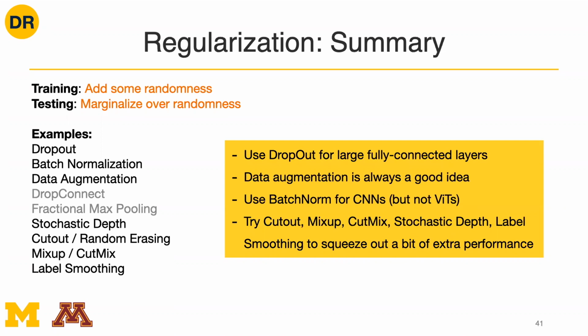And batch norm is probably not often seen in ViTs or transformer networks. It's probably only limited to CNNs. Any other augmentation or regularization techniques that you see here on the slide can basically only improve your performance by a little bit, and it could significantly be dependent on the domain that you're looking into.